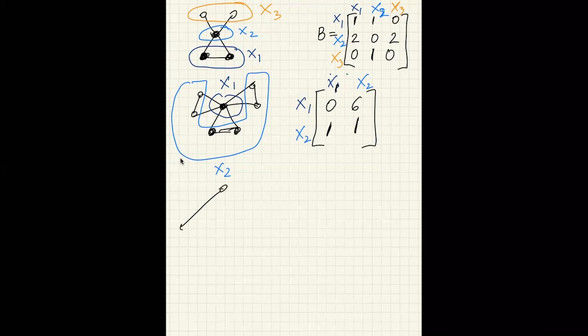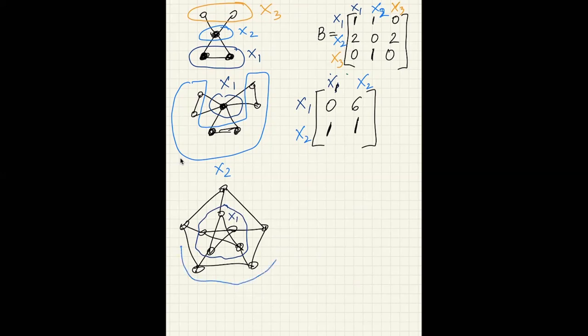And let's do quickly the Petersen graph. Now, for the Petersen graph, there are several partitions, so I'll just give you two. One partition you can do is, you notice that on the inside, let's call this one x1, we have a cycle, and also on the outside we have a cycle, x2.